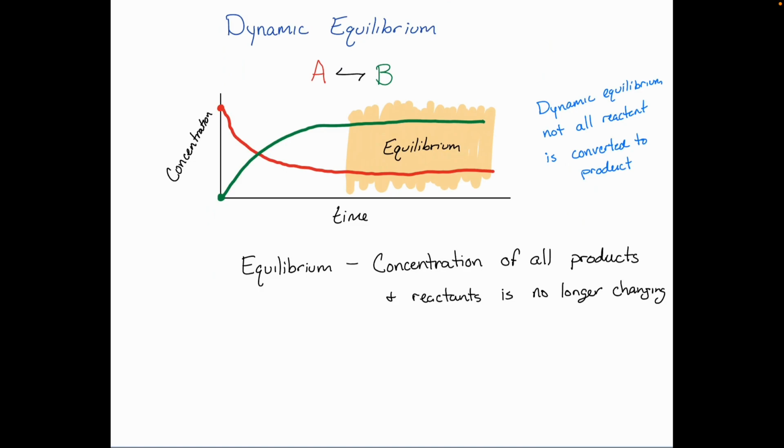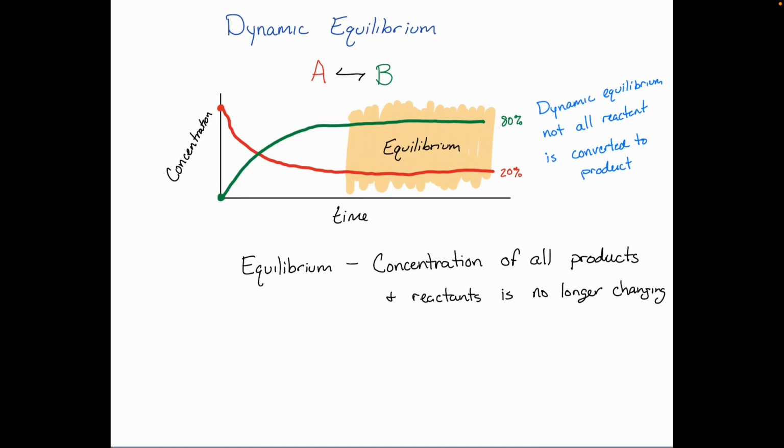Okay. Now, importantly, let's say that this is now 20% A, 80% B. It's not like the concentration of reactant decreases to 20% and then all those molecules get together and decide, all right, we're done. I'm cool here. Okay?